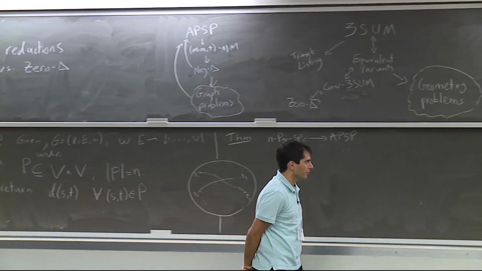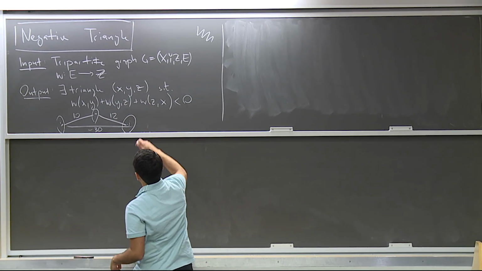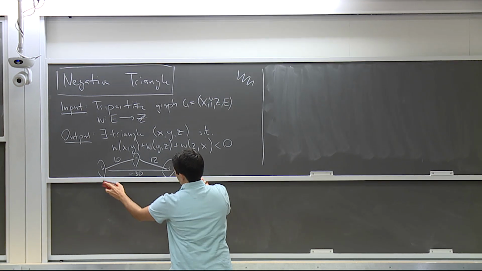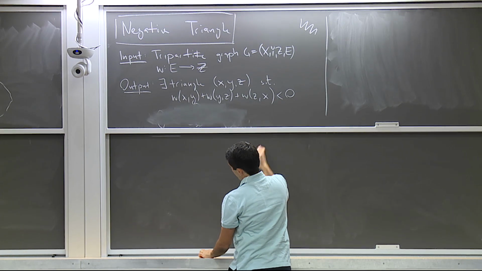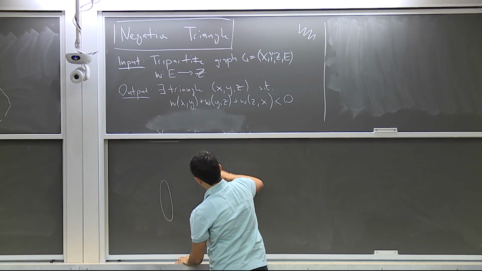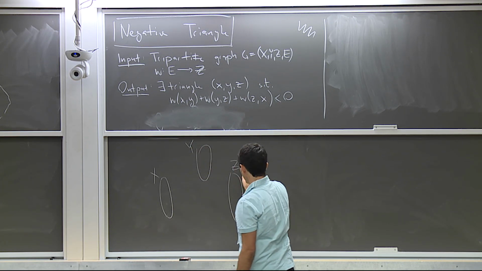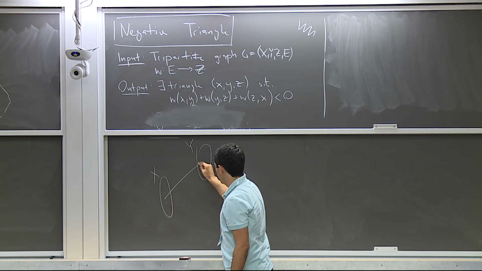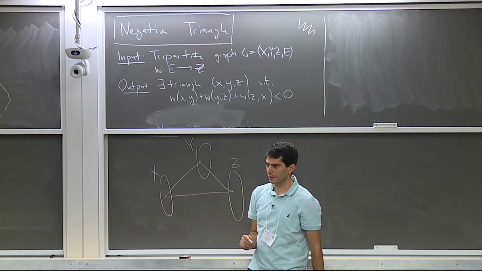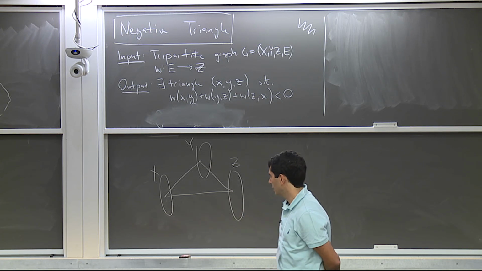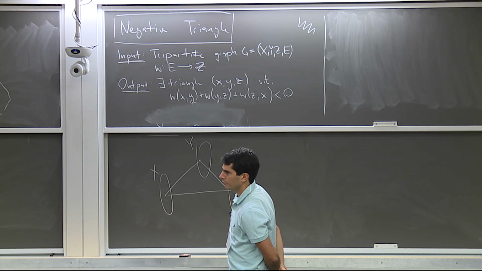So here's negative triangle. I'm going to remind you of the problem. The graph is tripartite like this. So let me draw it bigger. It has parts X, Y, Z. And the question is, are there three nodes such that the sum of these three edge weights is negative? Okay, so how do you go from this problem to n pair?